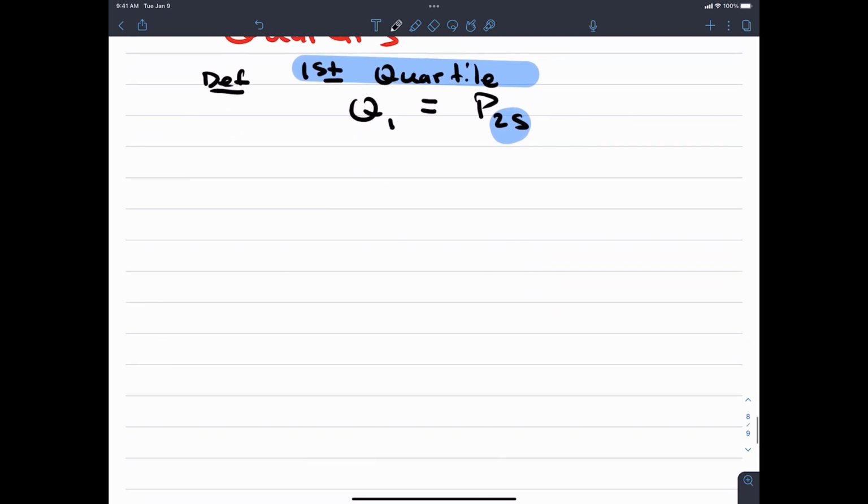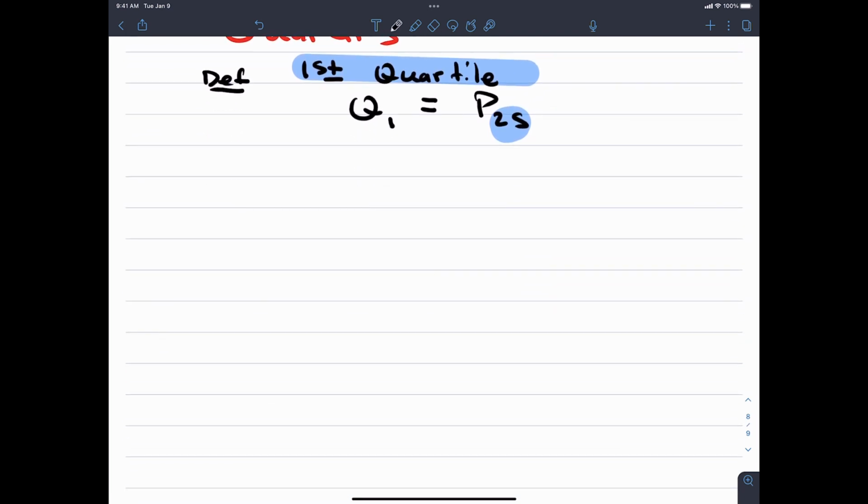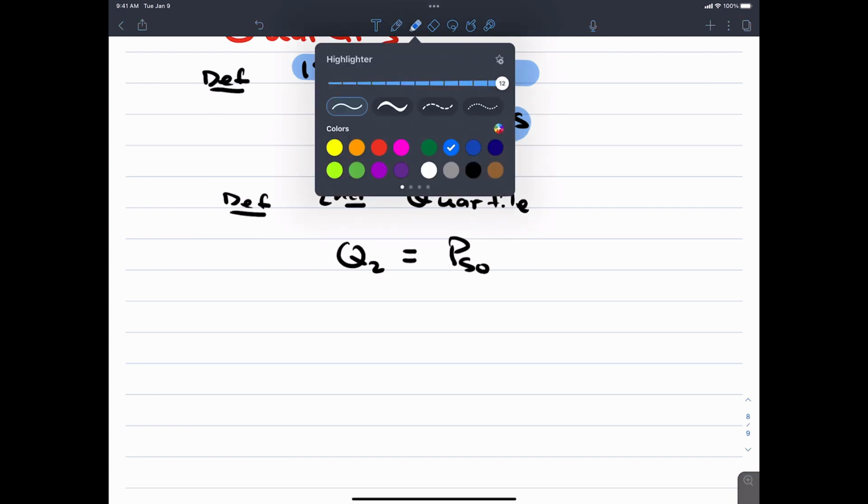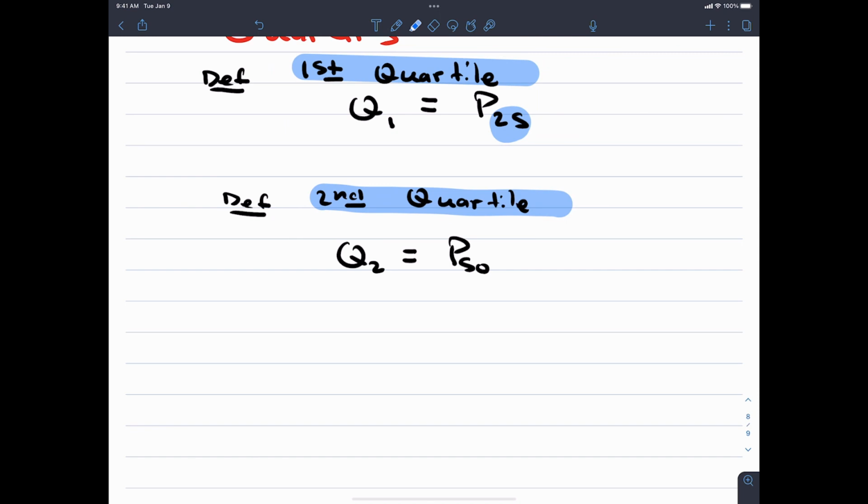Okay? Another definition. We have the what? Second quartile. This is Q2. In 2/4, how many pennies do you have? So, ladies and gentlemen, this is the second quartile.